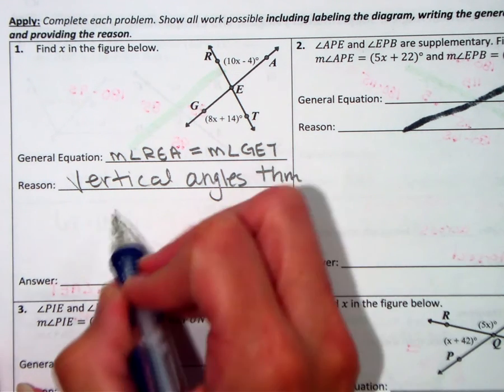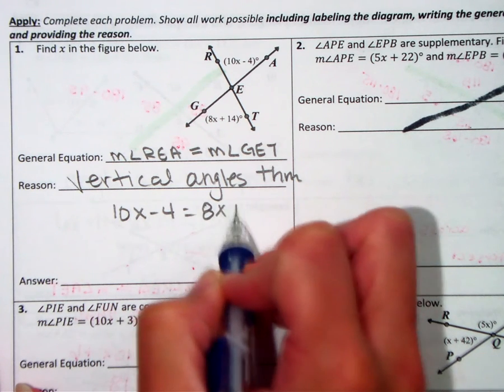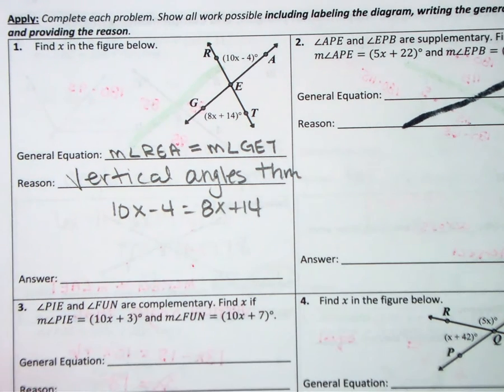And my equation would be, okay. Now again, if I went through that too fast, that's because you should be pausing the video, trying to write the general equation, reason, and the equation by yourself, and then pushing play again to see if it's correct.